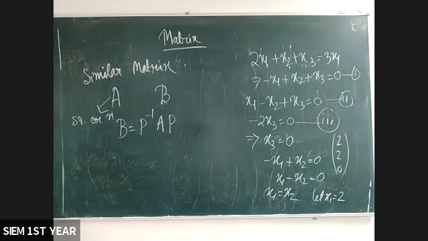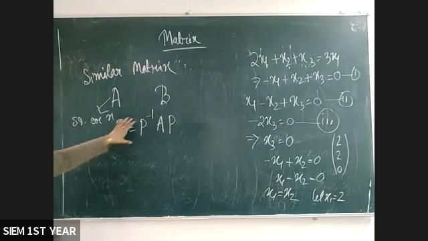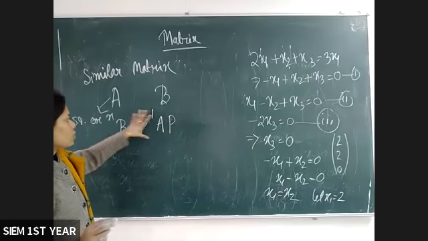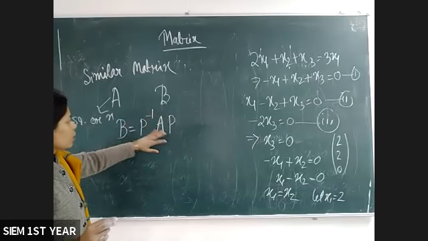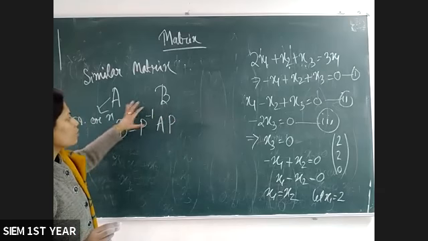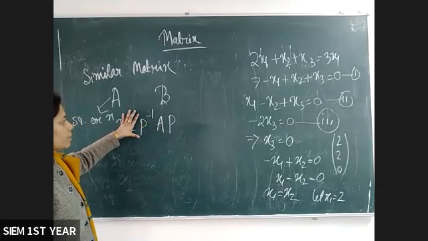Two matrices of the same order are called similar if you get one non-null matrix P. So P must be a non-null matrix. If P is a non-null matrix, its inverse will also be a non-null matrix.